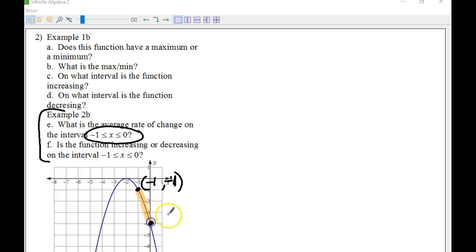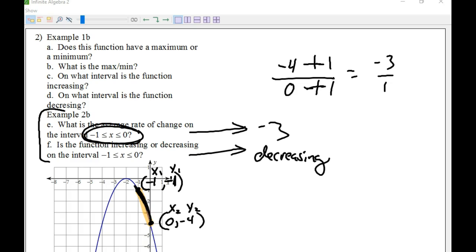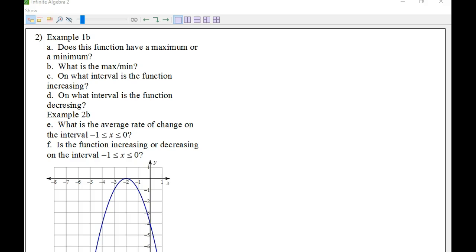And what's this point? Okay, let's call this one x1, y1, x2, y2. Go ahead and see if you can find your slope and then tell me if it's increasing or decreasing. I'll pause for like a minute and a half. So there's our answer. Let's go ahead and do one more.